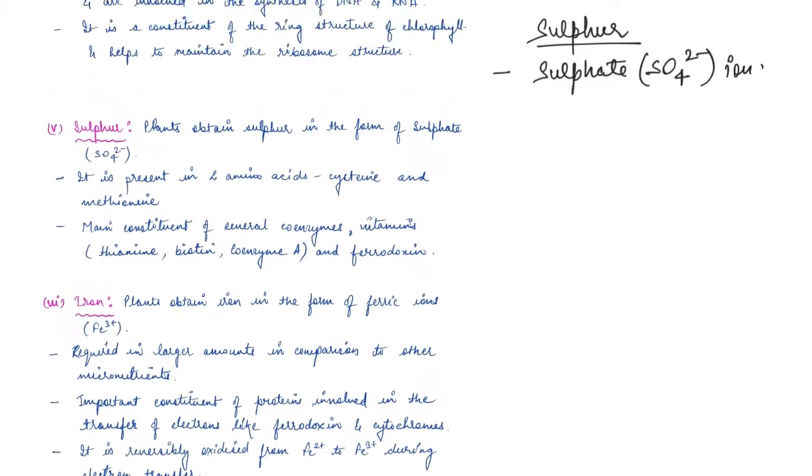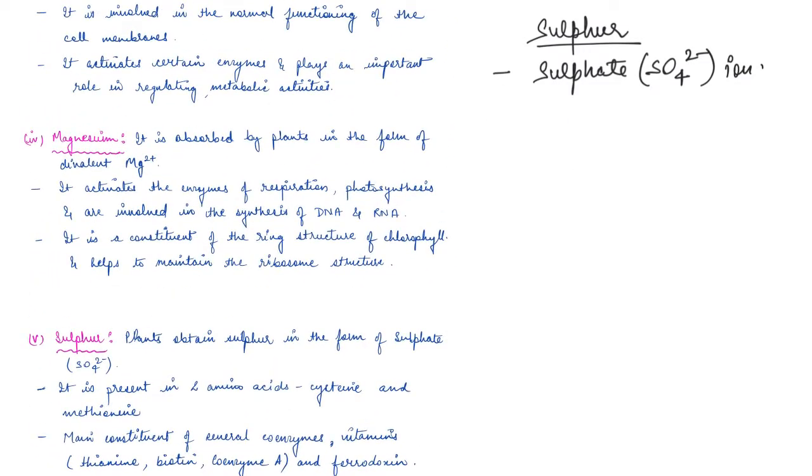And if we talk about what is the work that sulfur performs, again, being a macronutrient, it is present in two amino acids. Now, which are these amino acids?